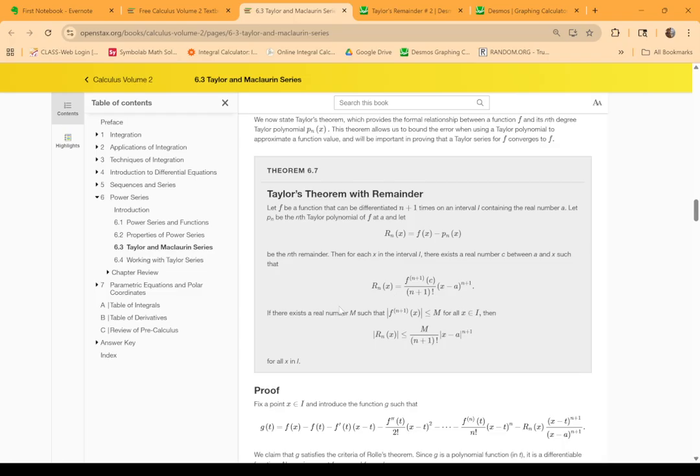Now, if there exists a real number M such that the n plus 1 derivative is bounded by M, then you can bound the remainder. It gives you an upper bound on how large the error can be.